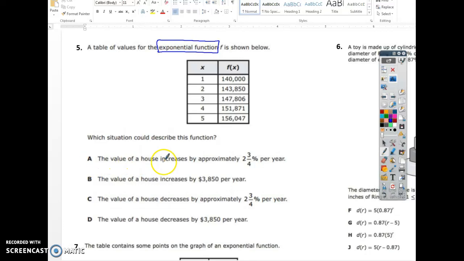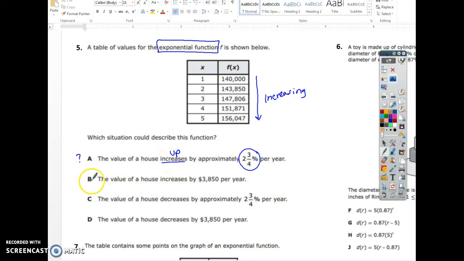A says that the value of the house increases by approximately 2 3/4% per year. Increases means it's going up, and these numbers do look like they are increasing. Okay, so we're going to put a question mark next to this one because I don't know if it's exactly 2 3/4%, but I do know that it is increasing.